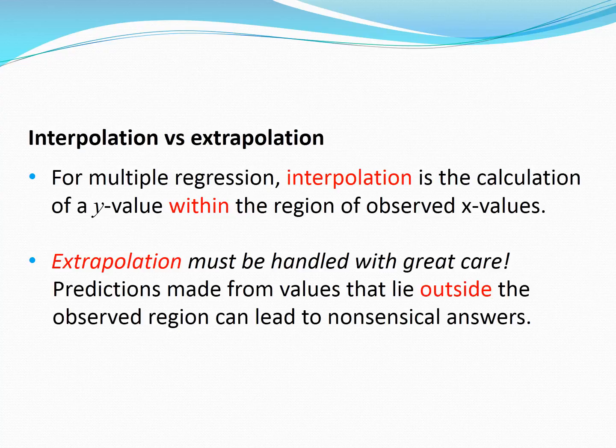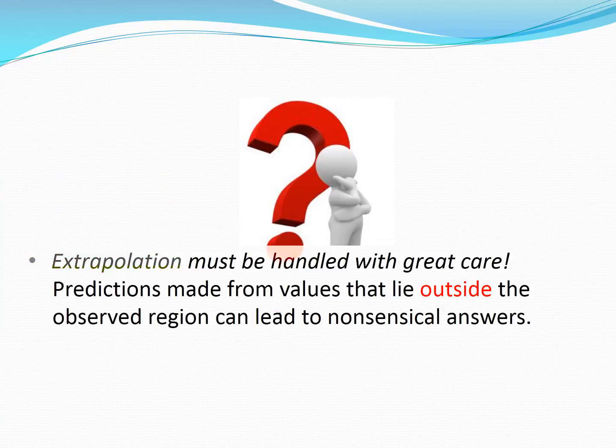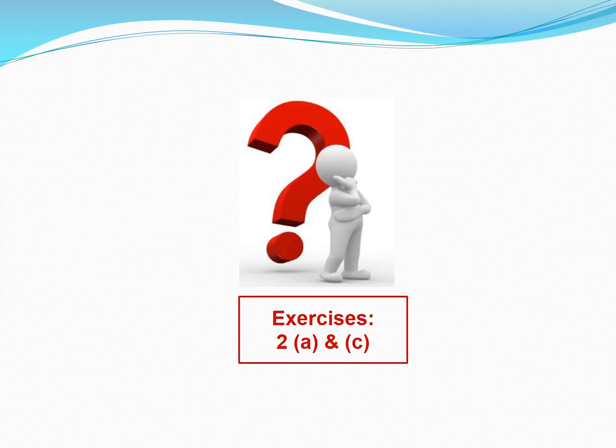So extrapolation is more risky, so it should be handled with care, because predictions made from values that fall outside of the observed region can lead to nonsensical answers. You can try exercises 2A and 2C at the end of chapter 14 to practice the concepts in this first part of chapter 14, please.